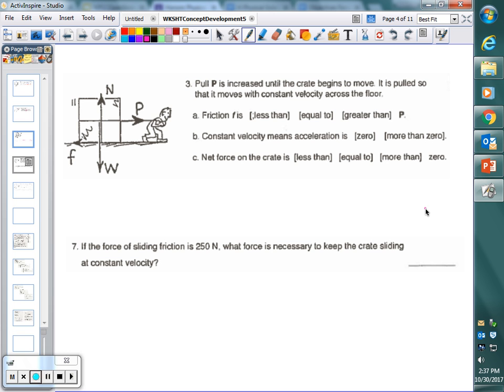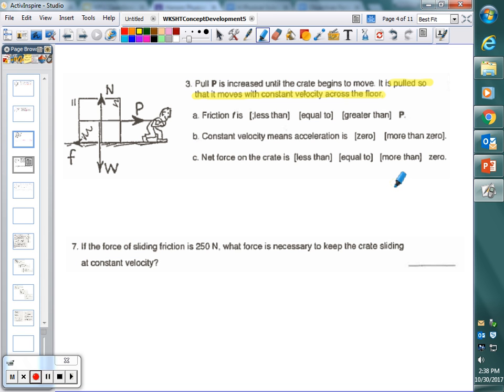It's about the crate that is already moving, pulled so that it moves with a constant velocity across the floor. It's not the instant that it started moving. It's after it's already been moving, and now we're sliding it across the floor at constant velocity.